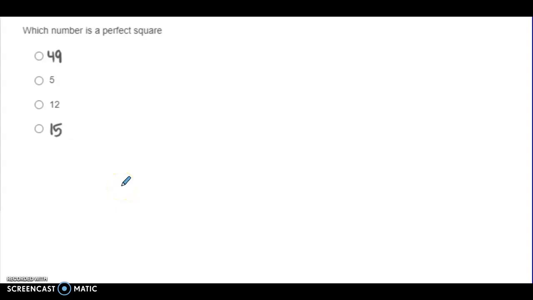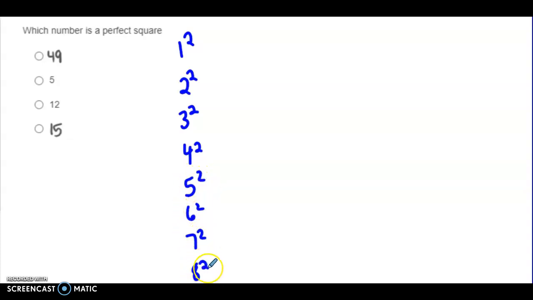Which number is a perfect square? So a perfect square is just when you take a number and you square it. So like 1 squared, or 2 squared, or 3 squared, 4 squared. I'm going to keep on writing these. 5 squared, 6 squared, 7 squared, 8 squared. Anytime you square a number, what it equals is a perfect square.